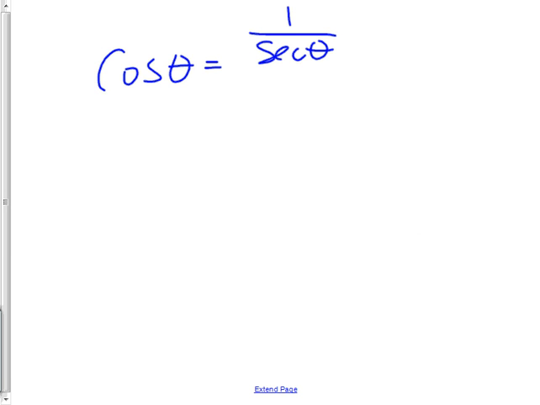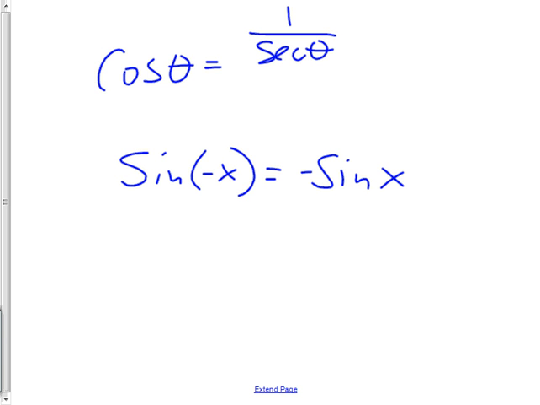Well, you got to go through a few other kinds. Here's the thing that I think you were thinking of. You remember that? These are called the odd evens. Pay attention now. Cosine of negative x is equal to negative cosine of x. Nope, that's the one where you don't have a negative.